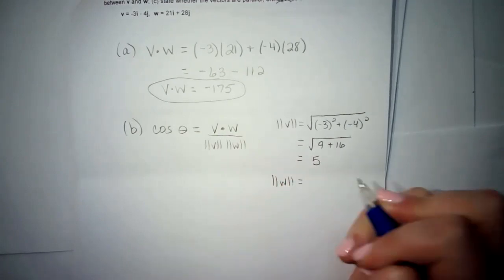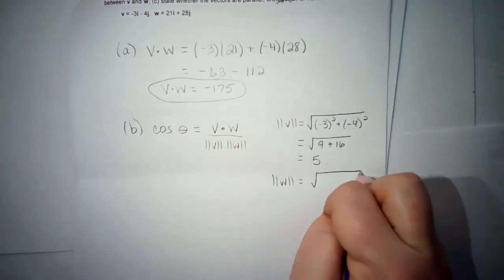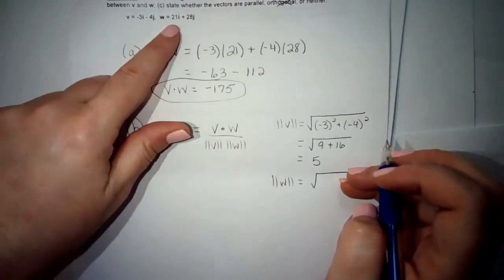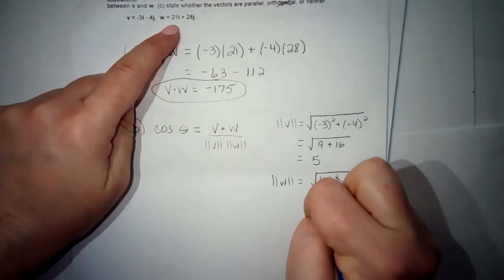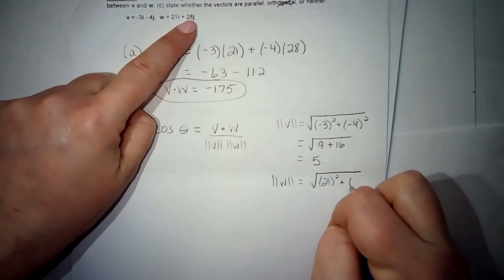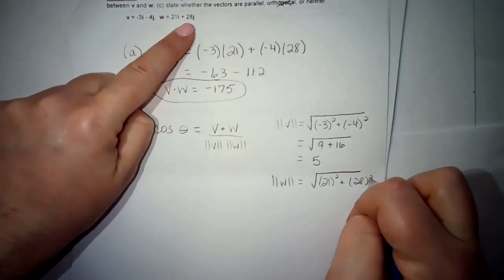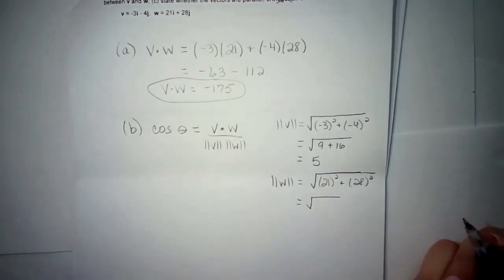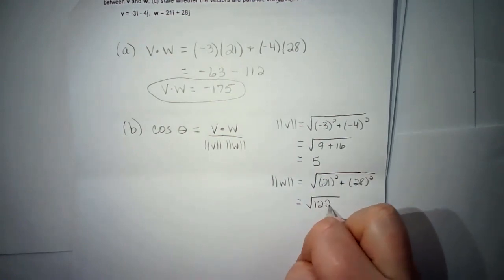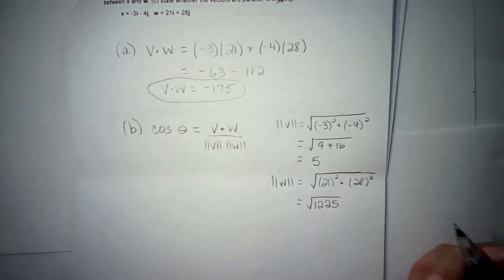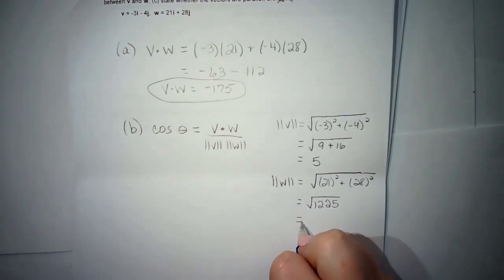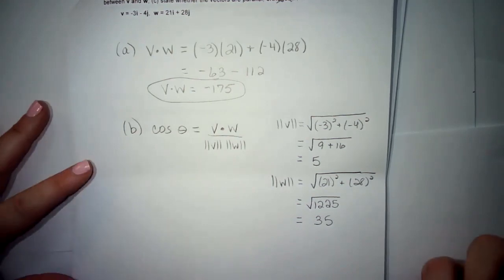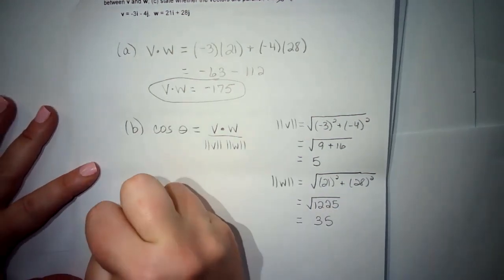Now we want the magnitude of W. Square root of the I component squared, this is going to be a big boy, plus the J component squared. I get 441 plus 784. That's the square root of 1,225. But that's a nice number. It comes out to be 35. That's not bad.